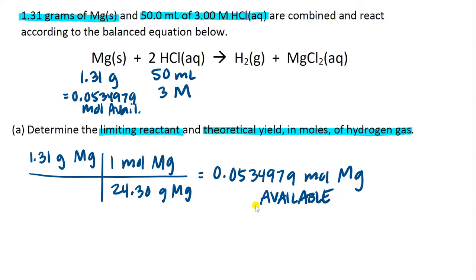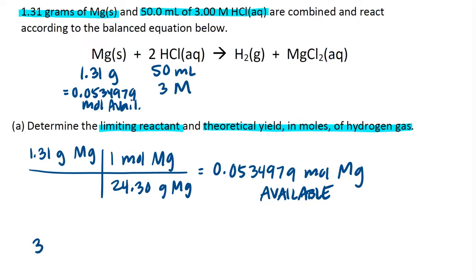I want to calculate the moles of hydrochloric acid, but they didn't give me the grams. They gave me a volume and a molarity. You can calculate moles from that information. Anytime you have a solution and you have the molarity and you have the volume, molarity times liters equals moles.